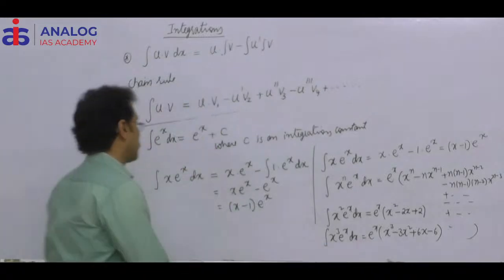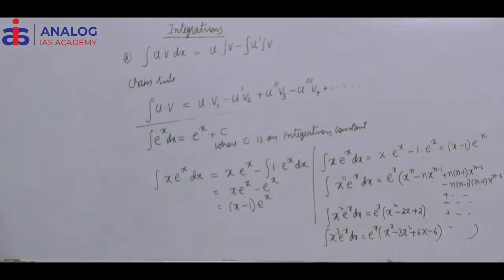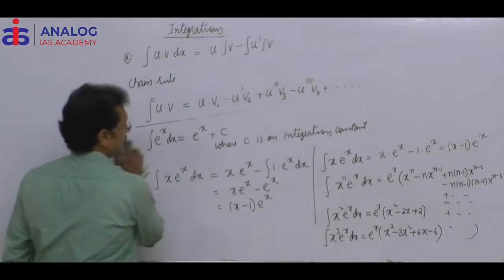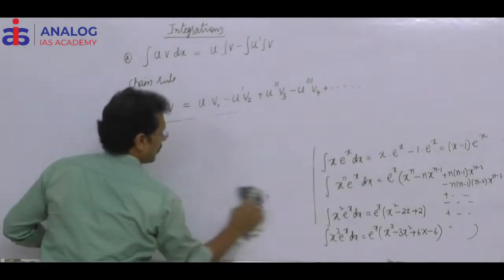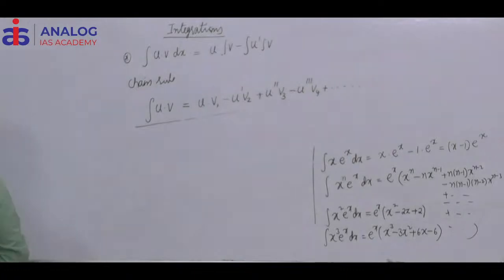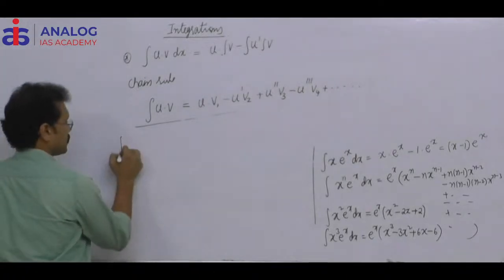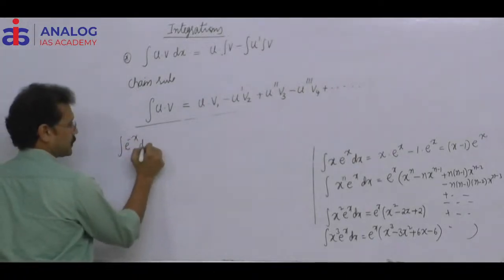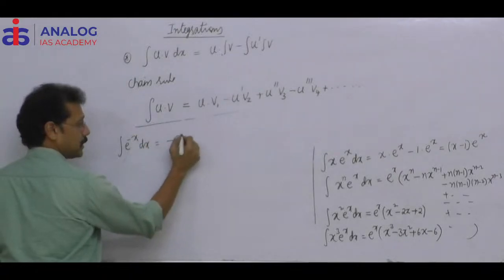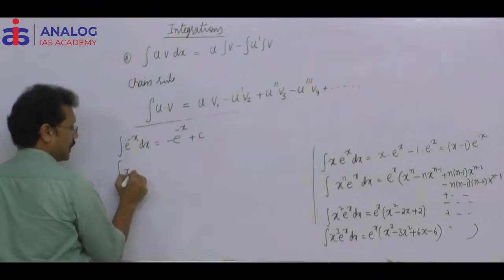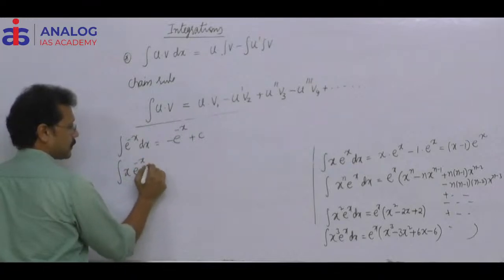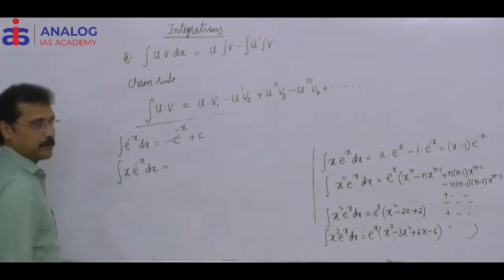Suppose instead of e power plus x, you have e power minus x. So integral e power minus x dx is minus e power minus x plus c, or integral x e power minus x.